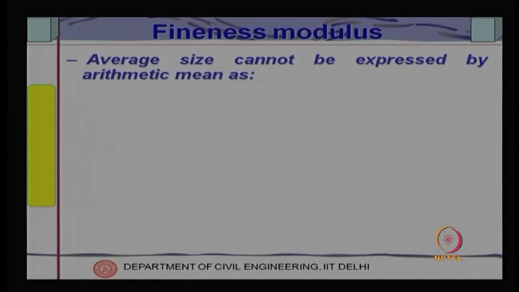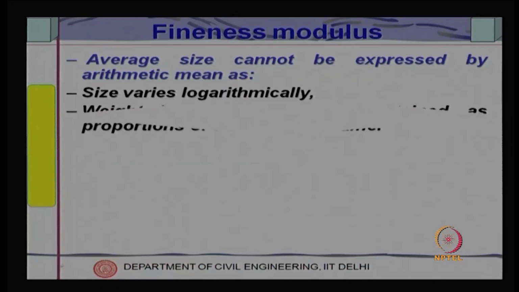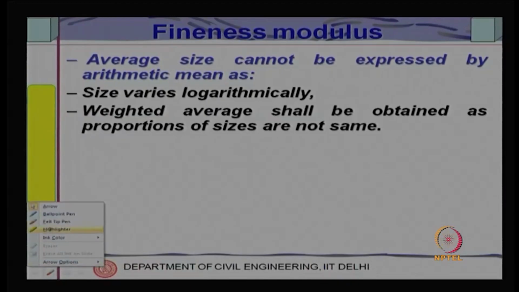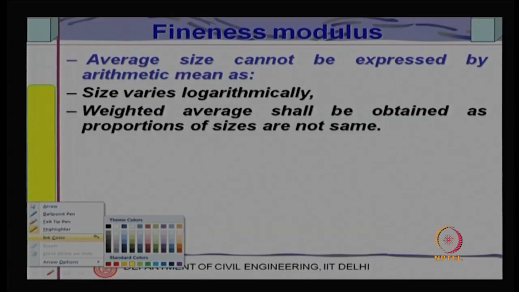First of all, average size cannot be expressed by arithmetic mean, because sieve sizes vary logarithmically.